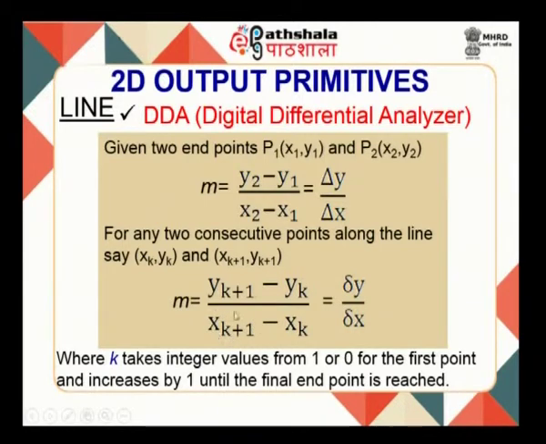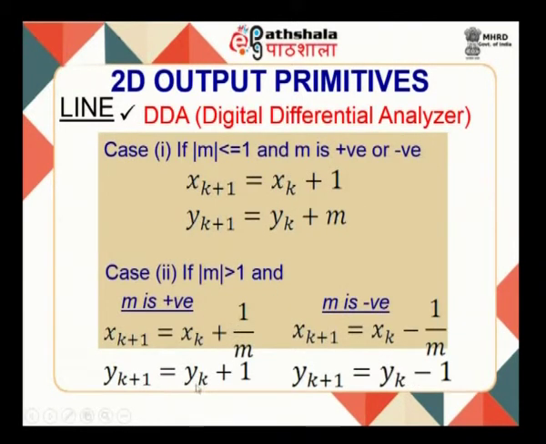We are interested in computing the value of x k plus 1, so x k plus 1 is equal to x k plus 1 by m. This is how we get the next x value. So, for slopes greater than 1, the next x value is the previous value plus the increment 1 by m. For the next y value, it is 1 higher than the previous y value.